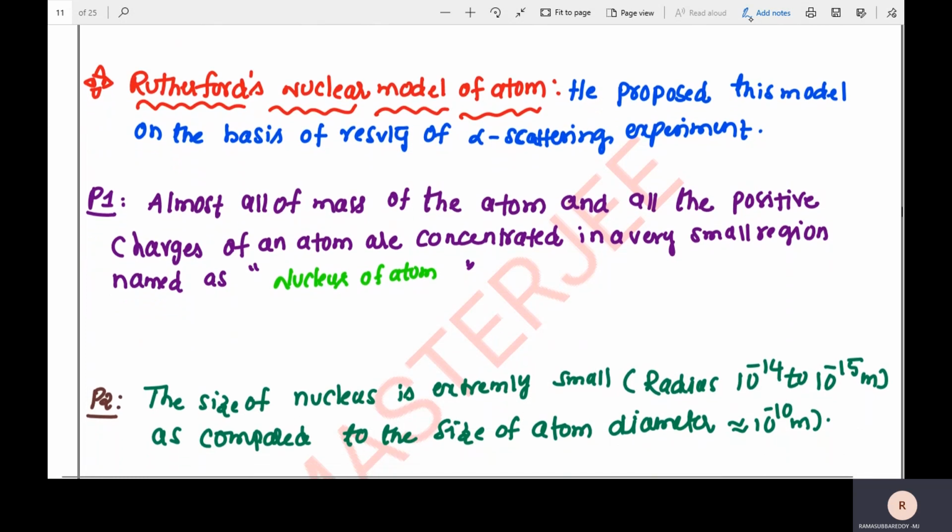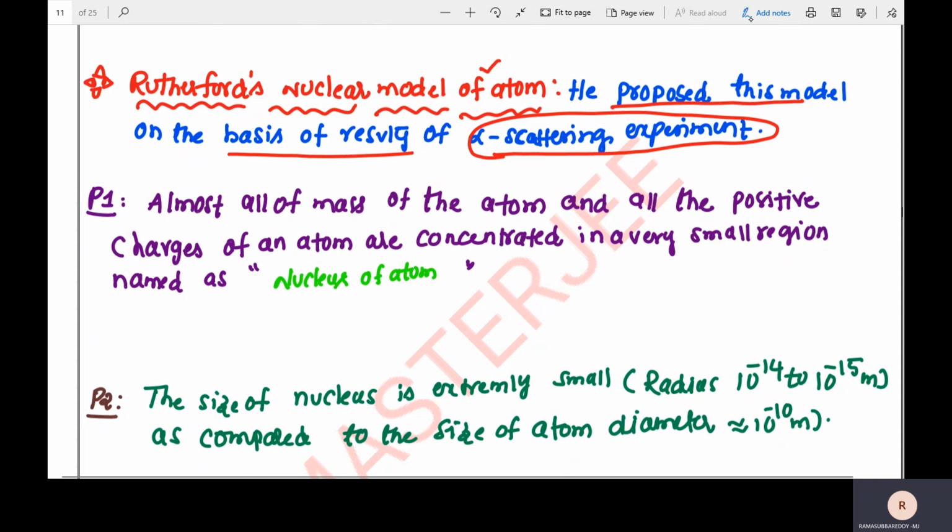He proposed this model on the basis of the results of the alpha scattering experiment. Just now we discussed the alpha scattering experiment. Based on its conclusions and observations, he gave one model, a nuclear model of atom.